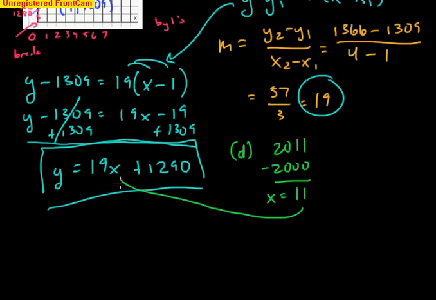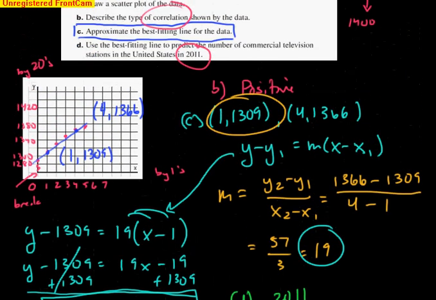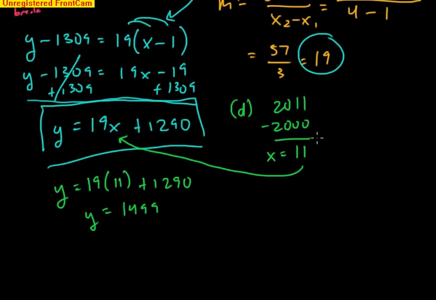I plug it into that x, and I figure out what y comes out to be. y equals 19 times 11 plus 1290. 19 times 11 is 209, plus 1290 is 1499. That's all of it together, 1499. So what did I just find? The number of commercial television stations in the United States: 1499 television stations.